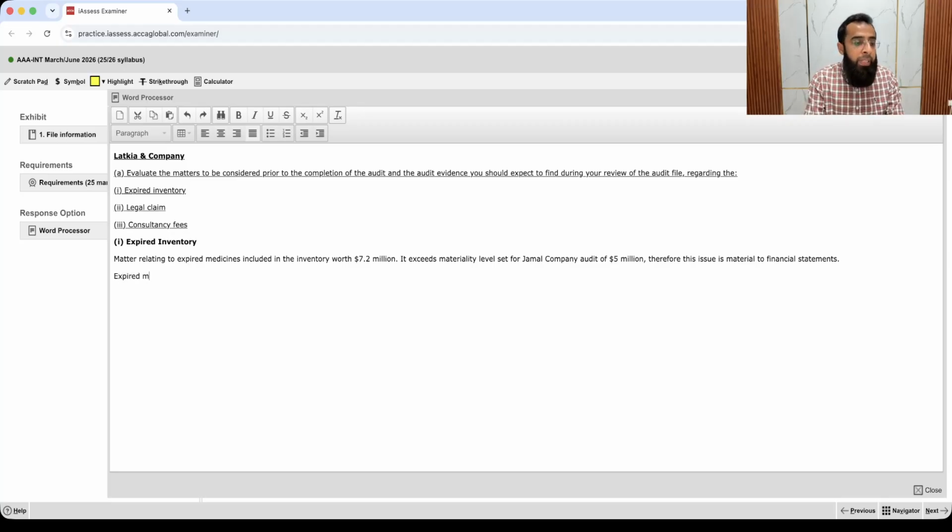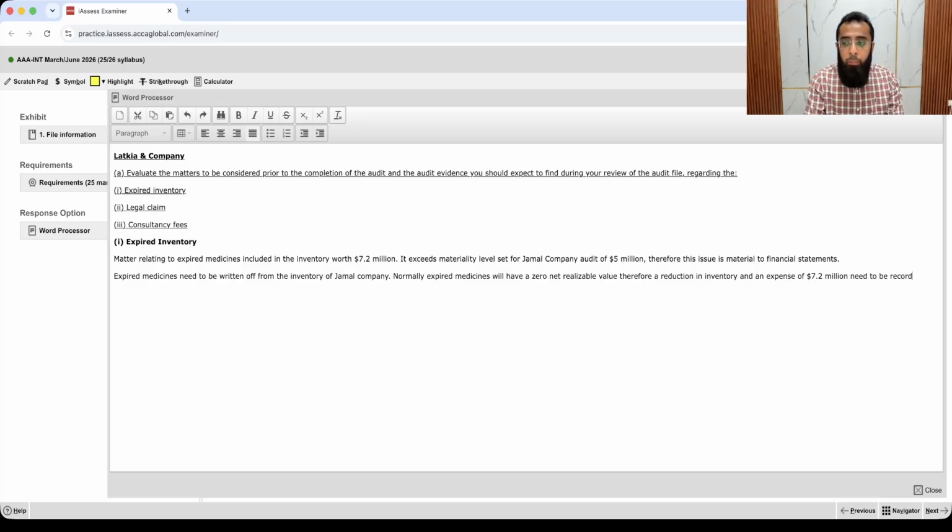Okay, expired medicines need to be written off from the inventory of Jamal company. Normally, expired medicines will have a zero net realizable value. Therefore, an adjustment, or I would say a reduction in inventory and an expense of $7.2 million need to be recorded by Jamal company.